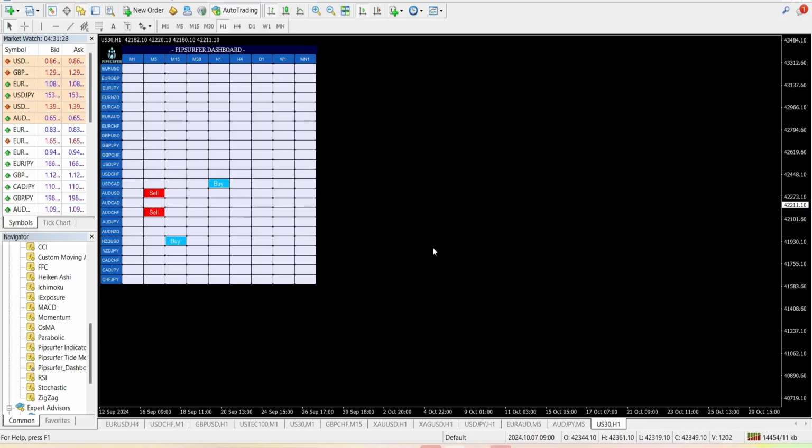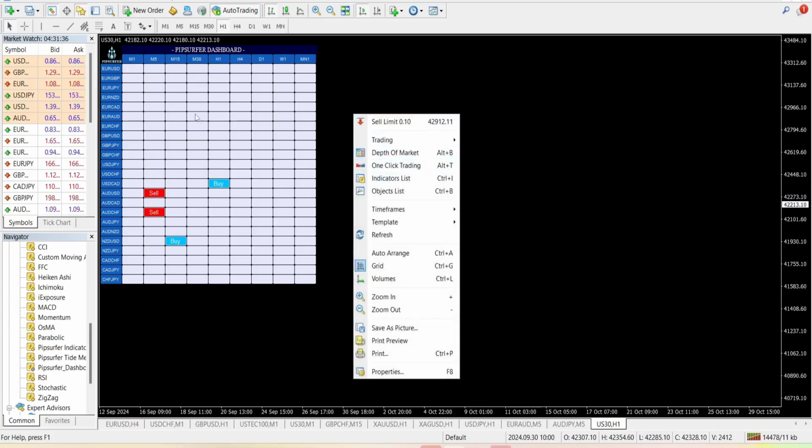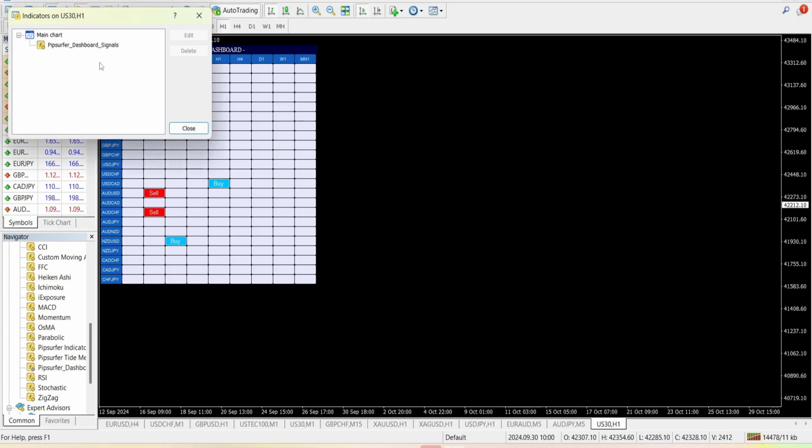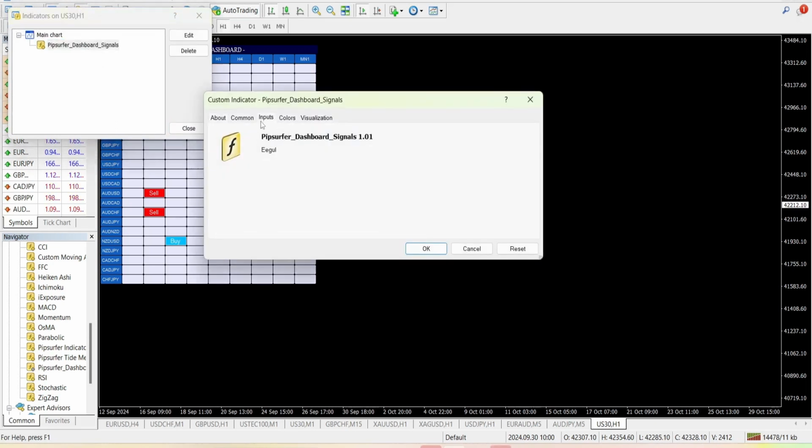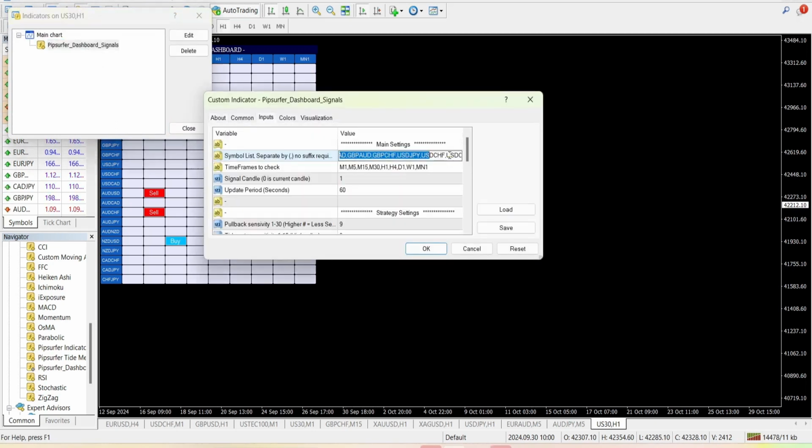The Pipsurfer Dashboard looks at all of the charts that you have here. And even if you don't have that chart pulled up, say you want to add gold, for example, you can go into the settings of the Pipsurfer Dashboard, go into indicators, and basically put what your broker calls gold. There are different ways that brokers list gold.